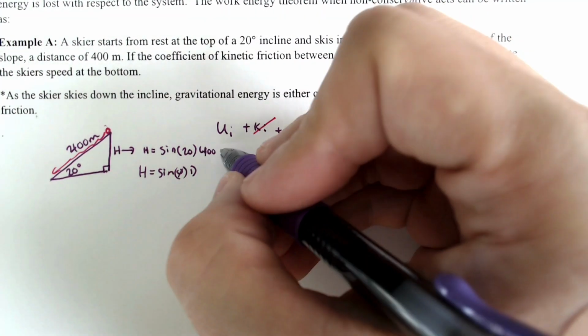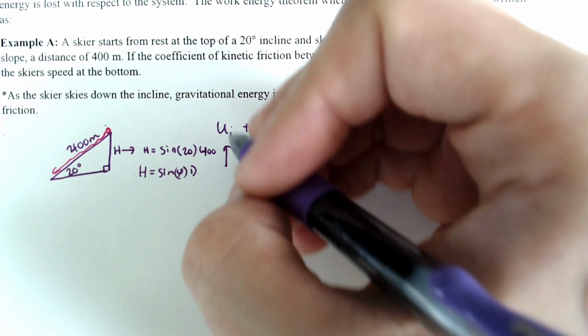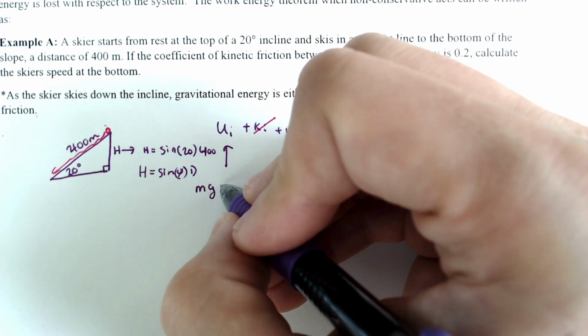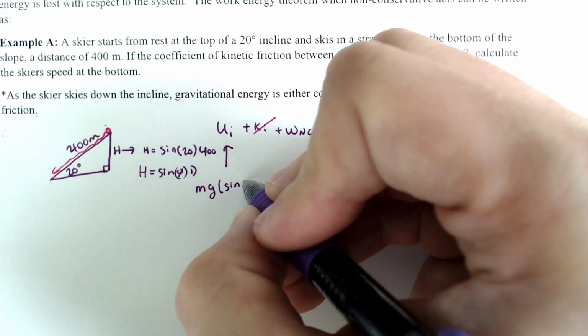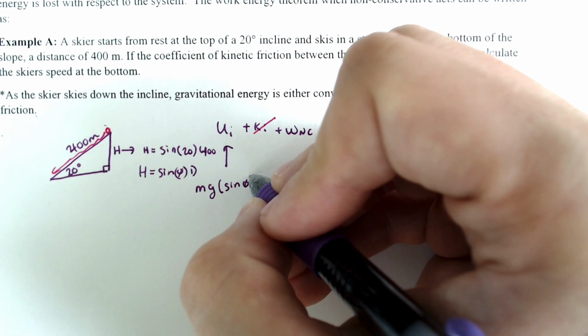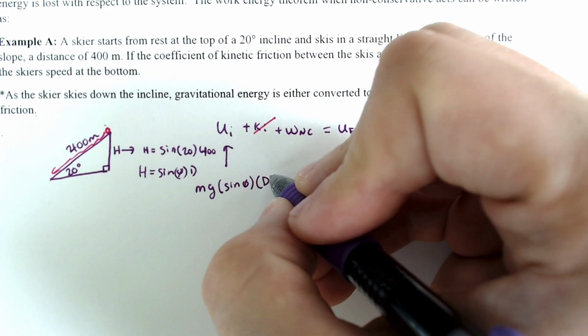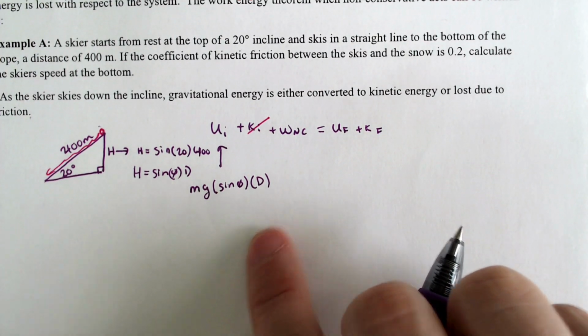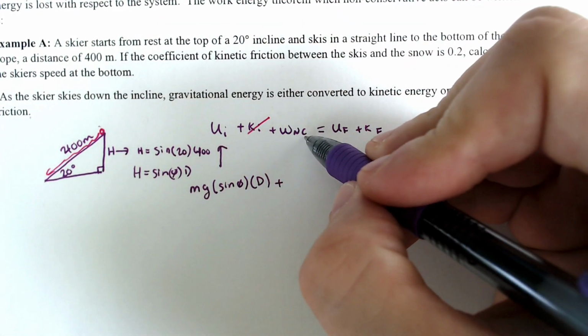All right? So let's plug that in. It would be mg times the sine of theta times the distance that he would travel on the slope. We're using all variable form for right now. Plus the work done by friction.